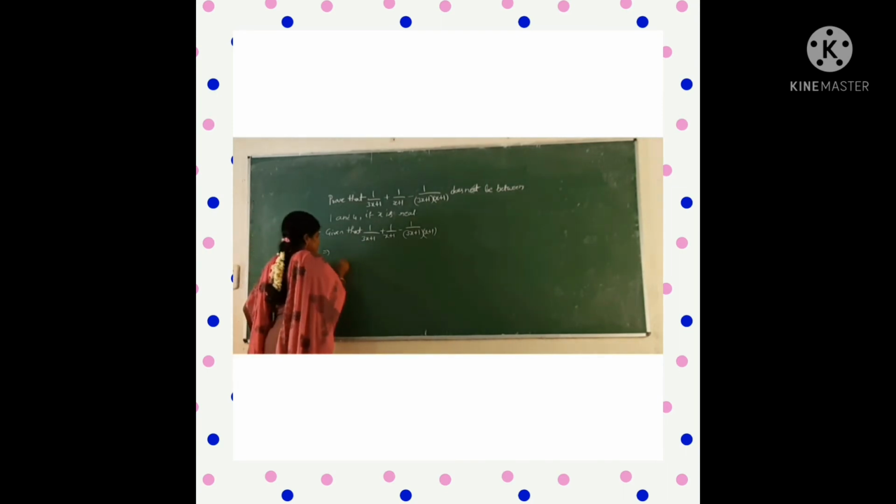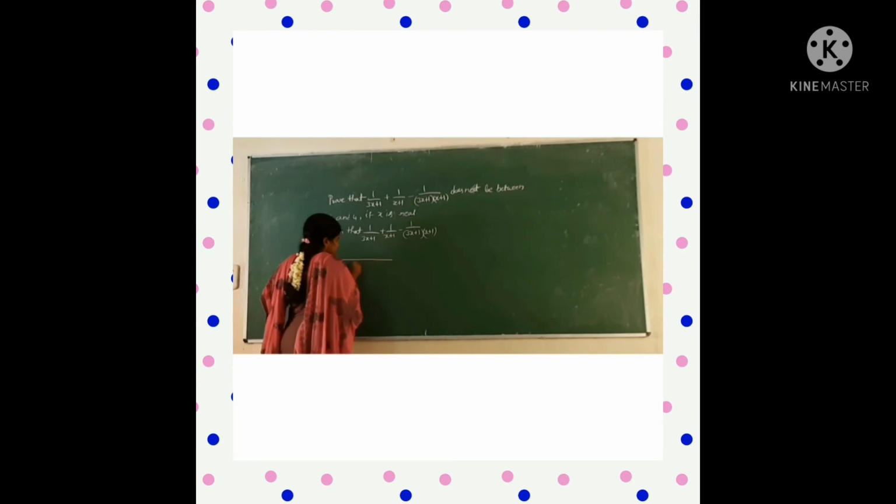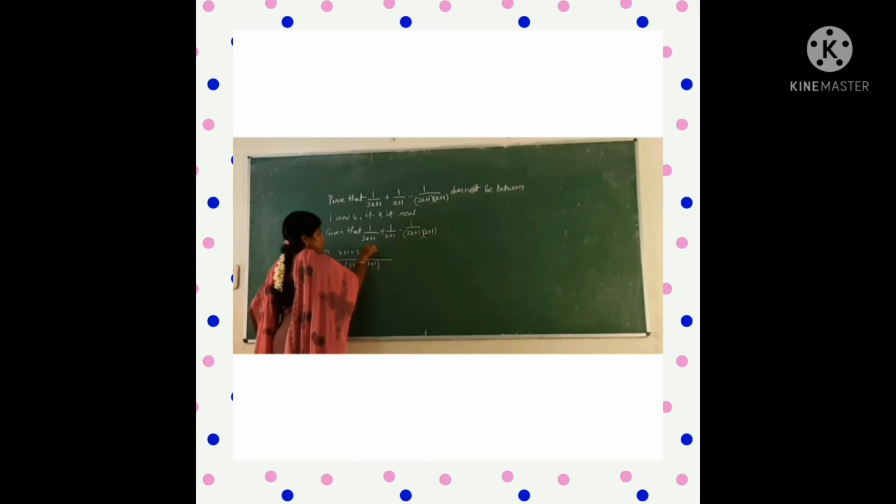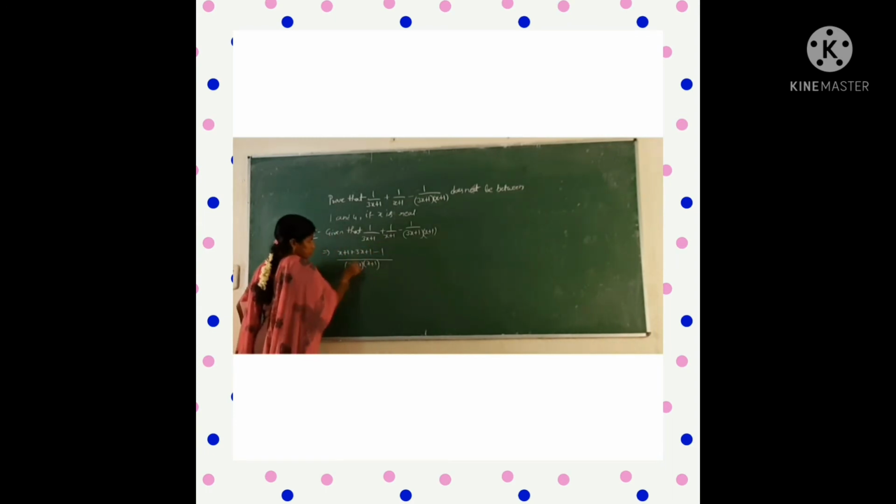Now this is a fraction, that's why we take the LCM: (3x plus 1) into (x plus 1), and here x plus 1 plus 3x plus 1, here minus 1. That is equal to plus 1 minus 1 cancels, 3x plus x, 4x plus 1 by (3x plus 1) into (x plus 1).